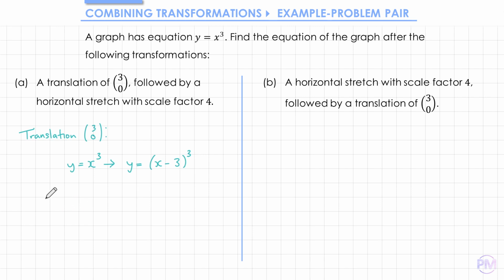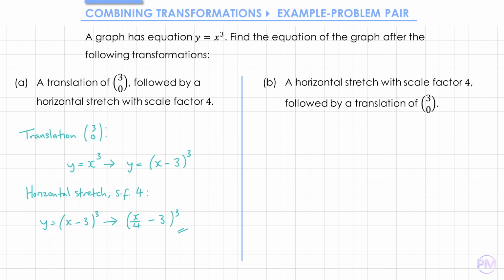Next, we'll apply the horizontal stretch of scale factor 4. Here, we need to divide x by 4. So applying the transformations in this order is relatively straightforward, and you get the answer you might expect.